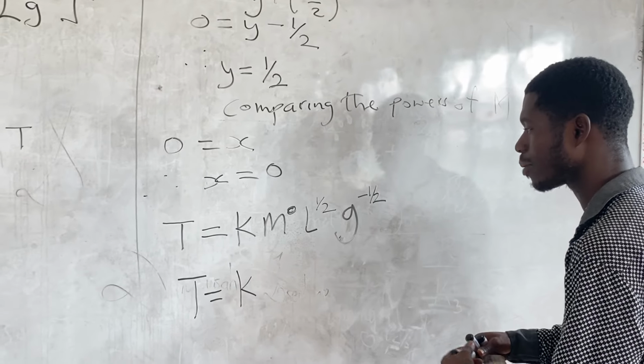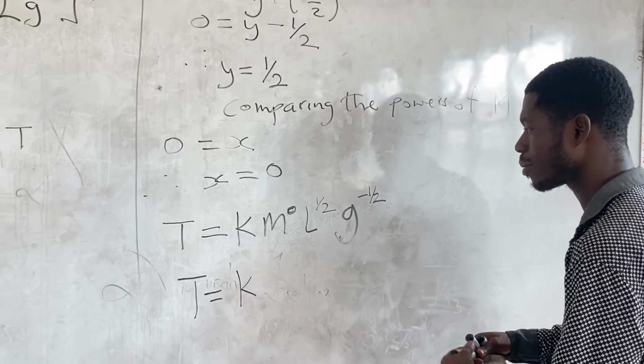This M will vanish. Because of this half, we can introduce square roots and put the L inside.